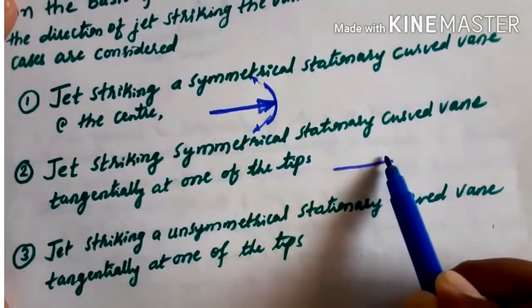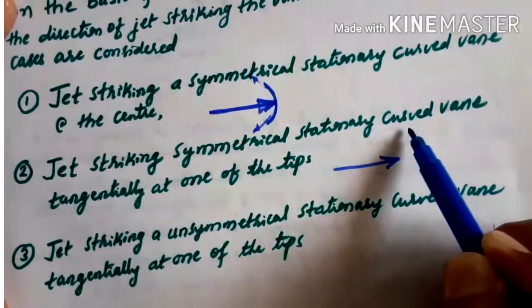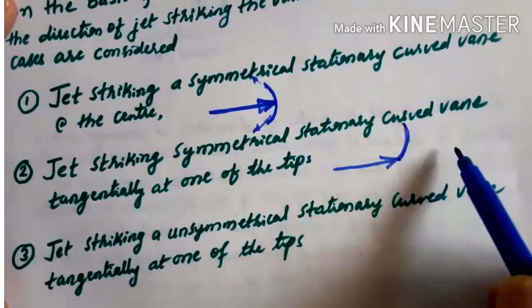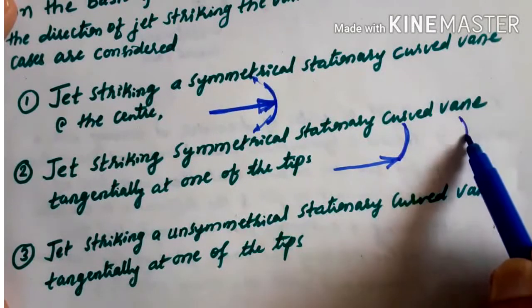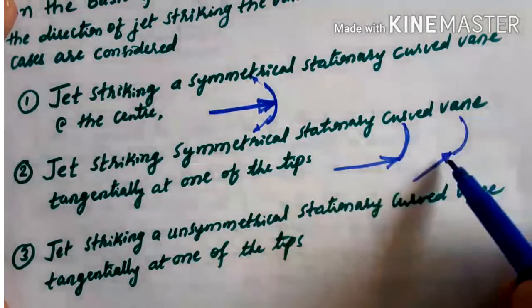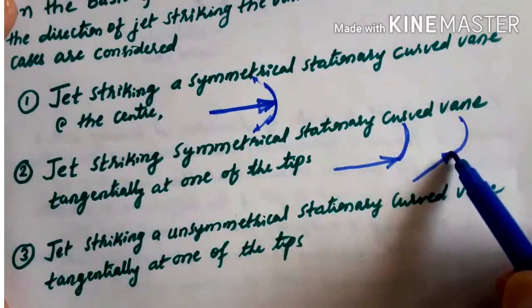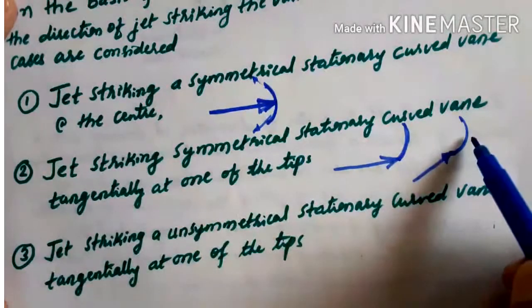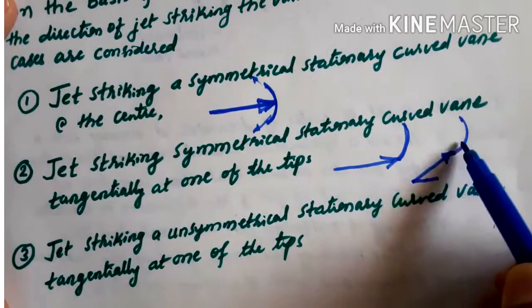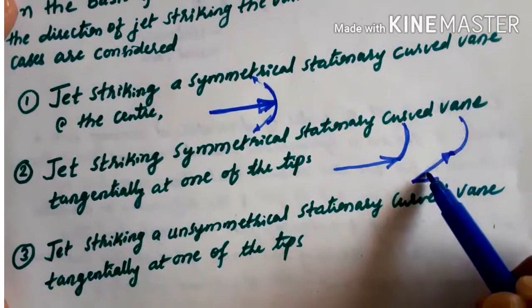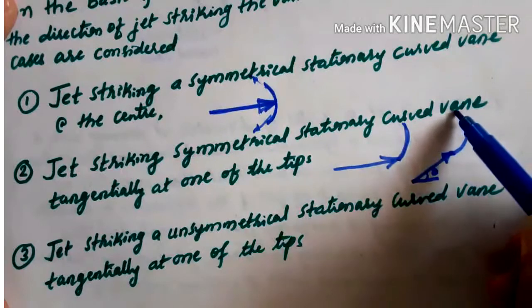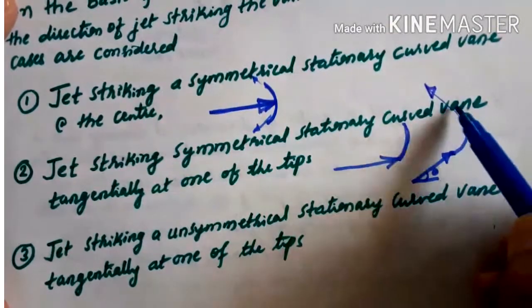Means the jet is moving in this direction and hitting the curved vane tangentially at one of the tips. Why is it called symmetrical? Whatever angle the jet enters the curved vane with, say this is theta, with the same angle it exits.